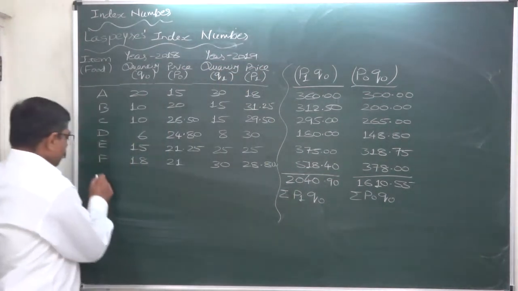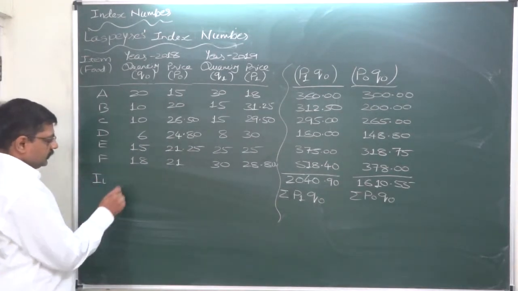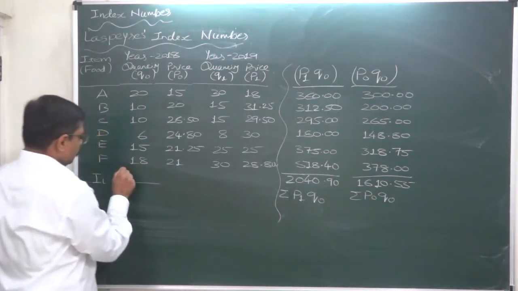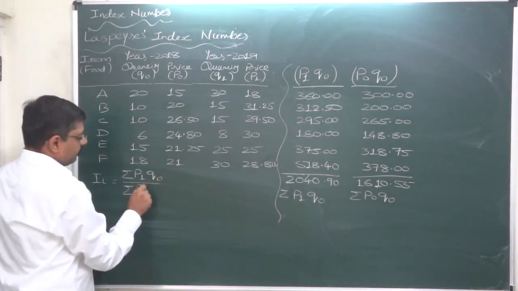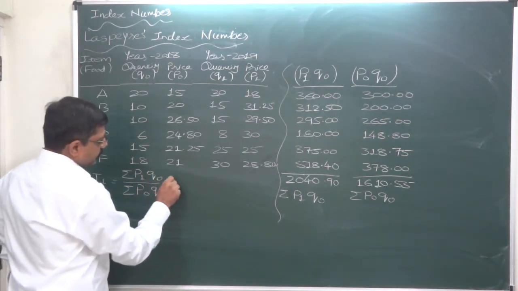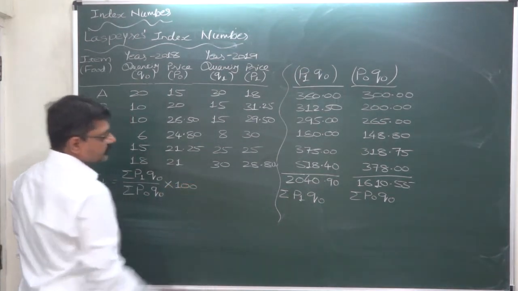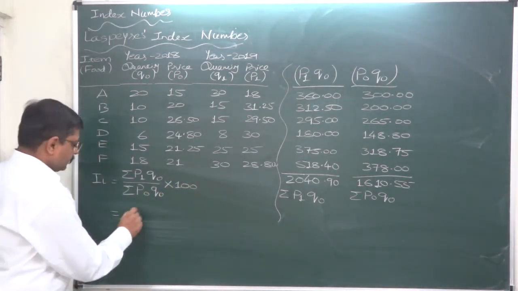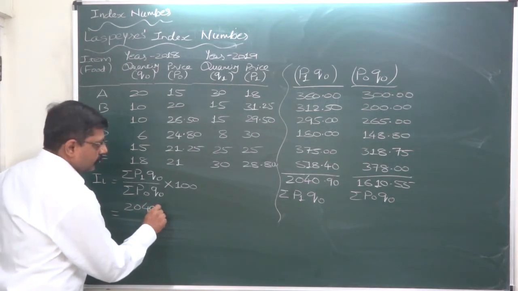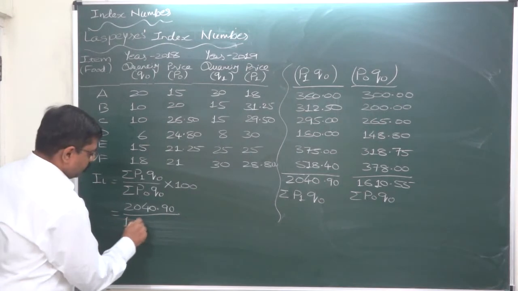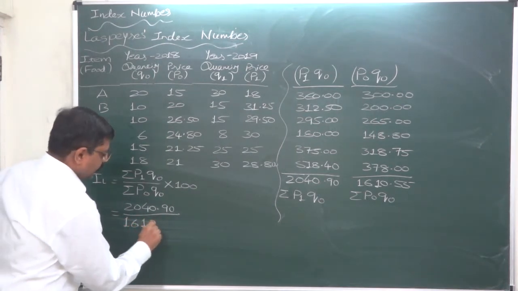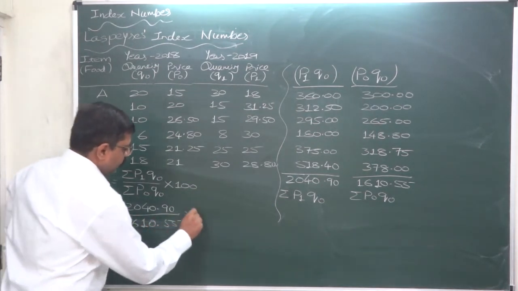Now Laspeyres index number equals sigma P1 Q0 divided by sigma P0 Q0, into 100 will give us the percentage. It is 2040.90 divided by 1610.55, whole into 100.